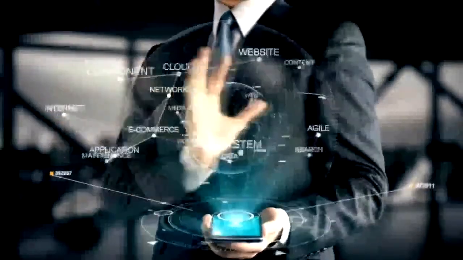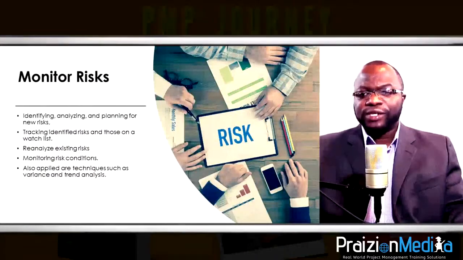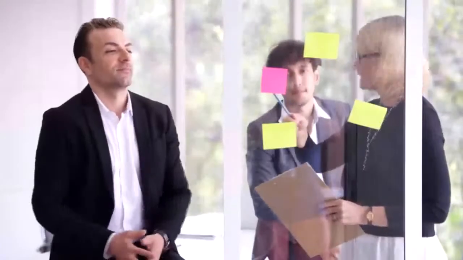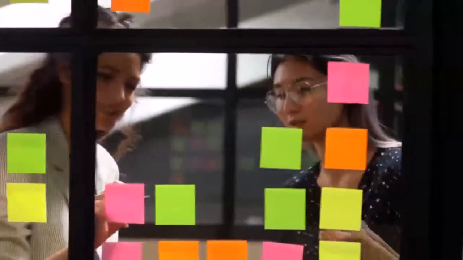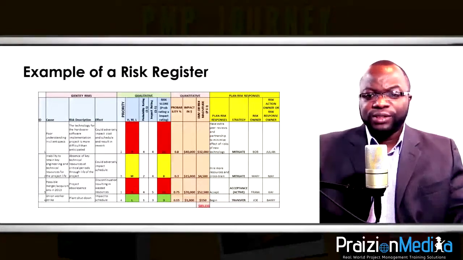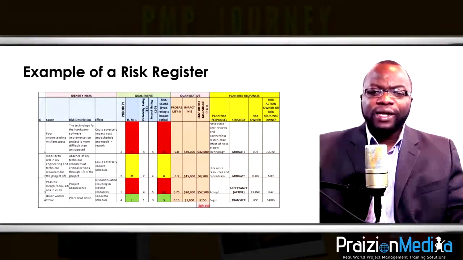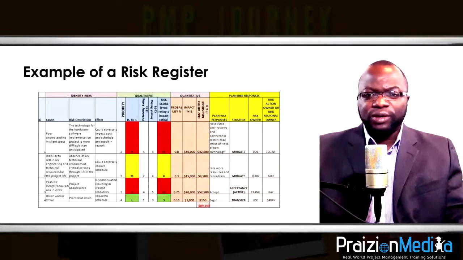And also, very importantly, the team should make sure that the risks in the risk register are the only risks that exist on the project. And if the project is exposed to new risks, then those new risks must be documented within this process of monitor risks. So there's quite a lot of activity that happens in this one.